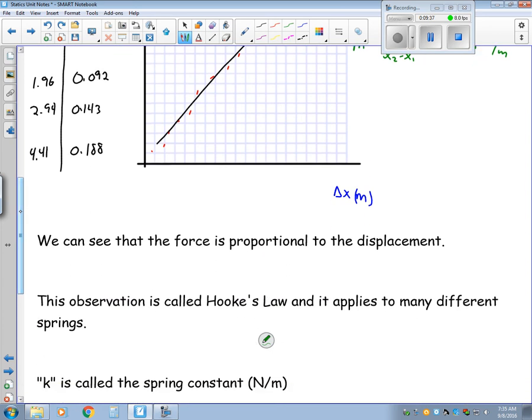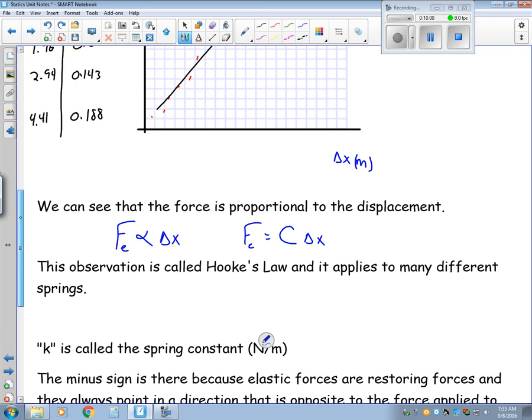Since we had a nice linear line, the elastic force is proportional to the displacement. So that means the elastic force must equal some constant times the displacement.